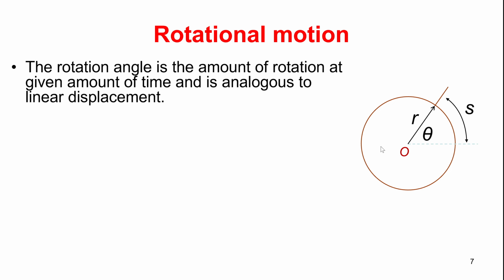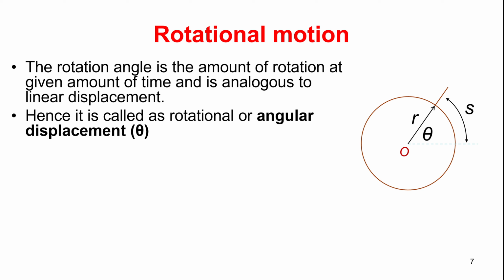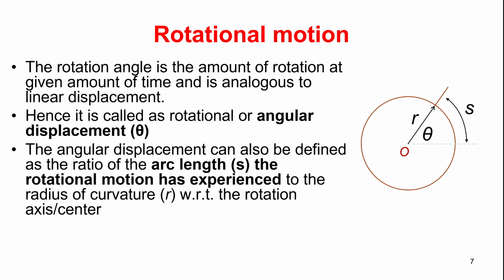So for this type of motion, we can define the angular displacement and the rate of change of theta, and we can relate theta to the path taken and the radius of our rotating particle.